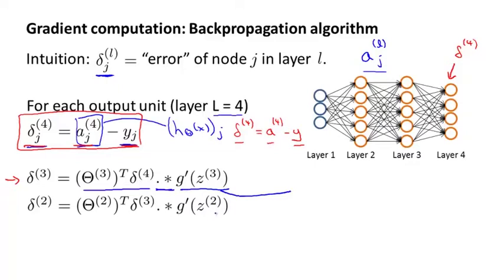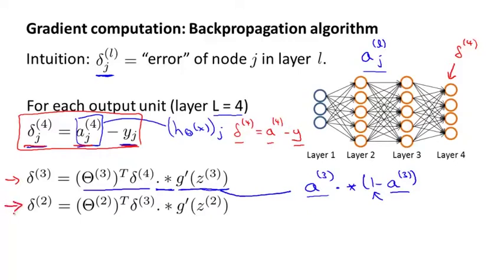If you know calculus, you can try to work it out yourself and see if you can simplify it to the same answer that I get. But I'll just tell you pragmatically what that means. What you do to compute this g prime, these derivative terms, is just a3 dot times 1 minus a3, where a3 is the vector of activations, 1 is the vector of ones, and a3 is again the vector of activation values for that layer.